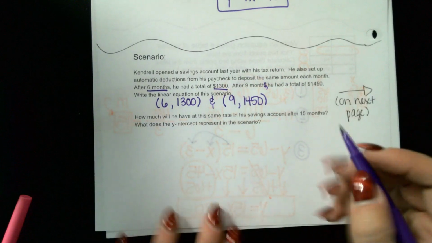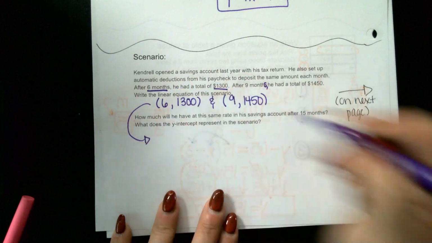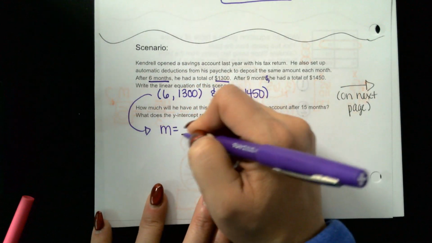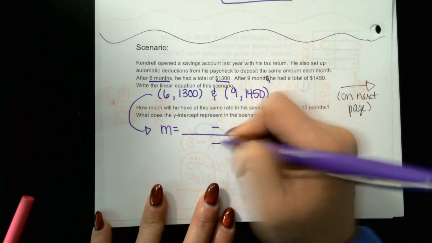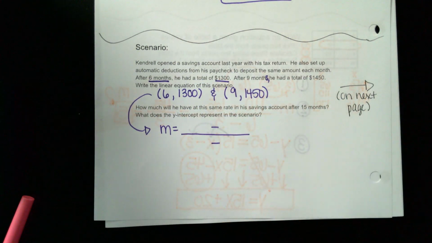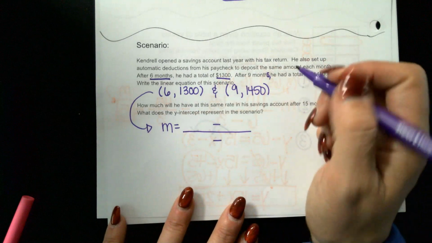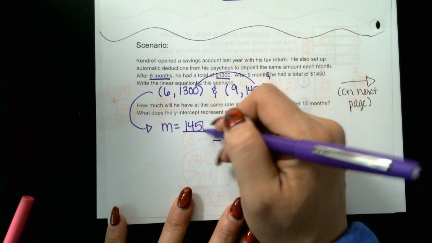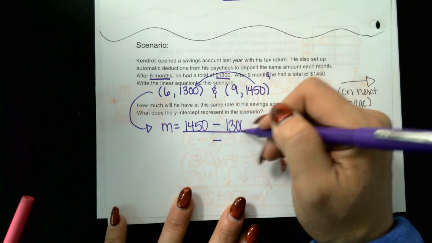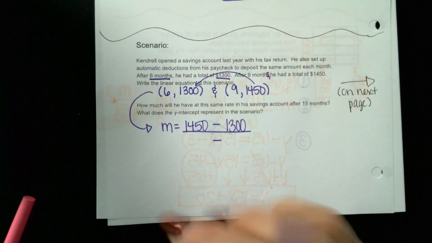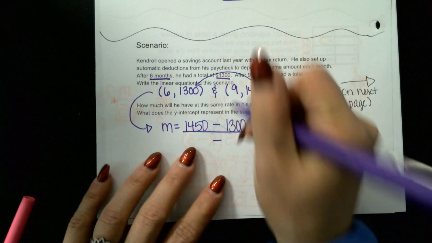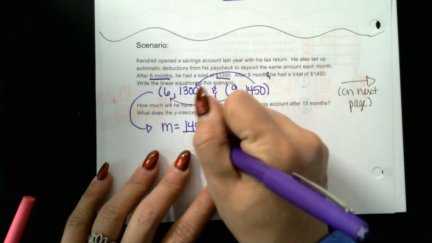Okay, so watch. Let's come down here in the blank space and let's go through these steps. Finding the slope. What 2 numbers go up top? 1,450 and 1,300. Yep. So like I said, these numbers are going to be quite a bit larger, but it's okay. And then 9 minus 6 on the bottom.